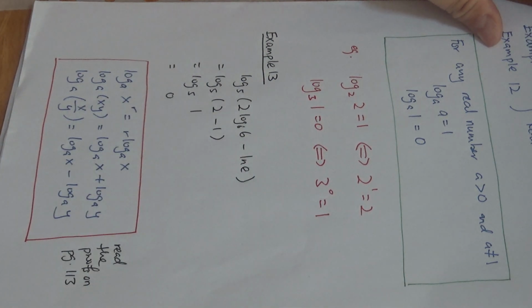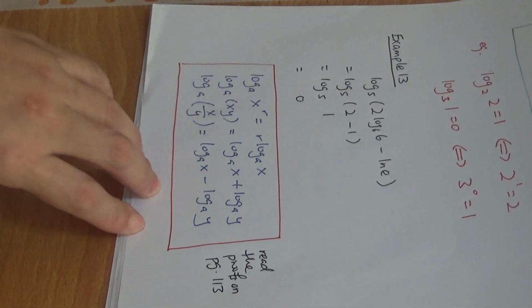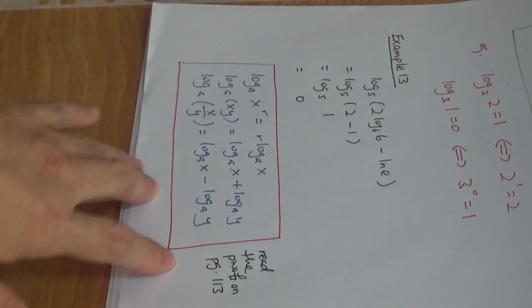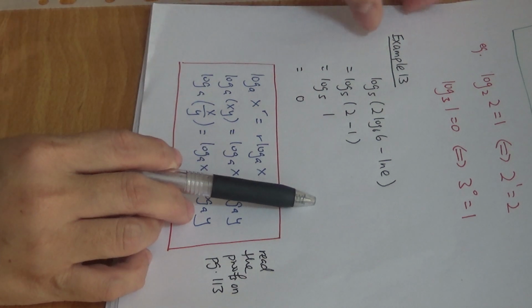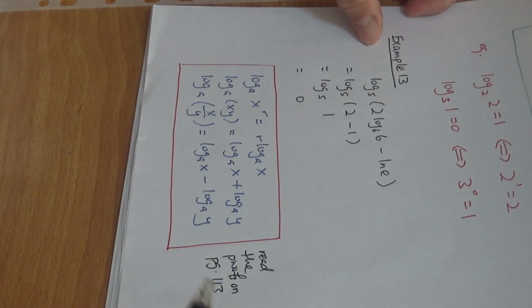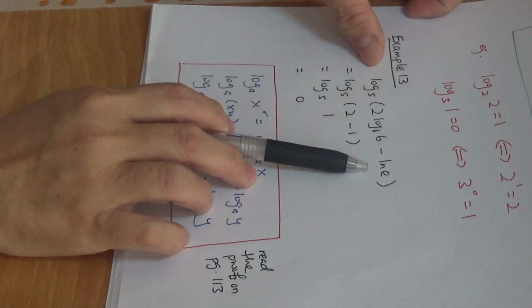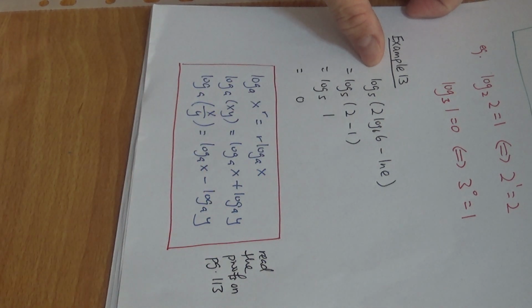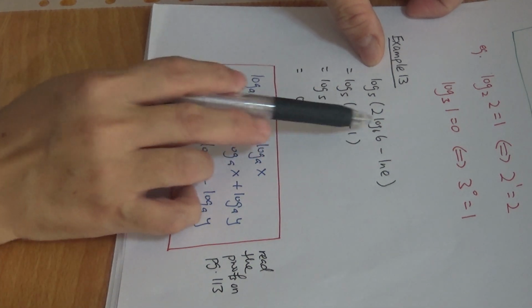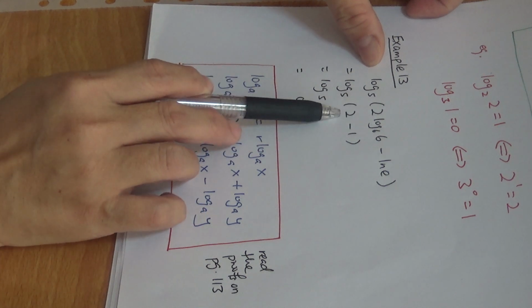Now I'm moving on to example 13. Example 13 says, without using a calculator, evaluate this. We all know that log_6 6 is 1, and 2 times 1 is 2.